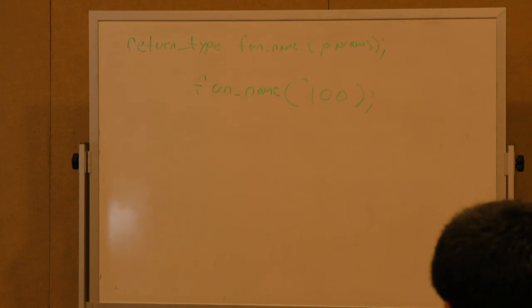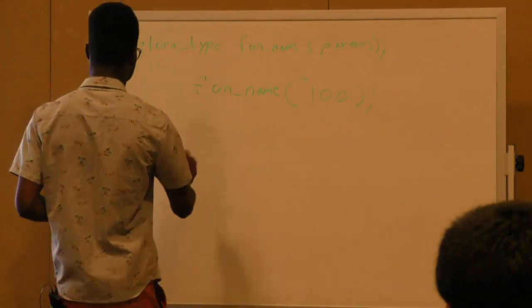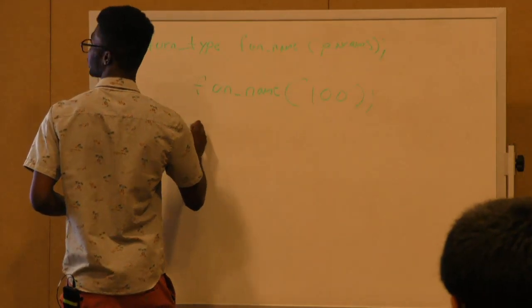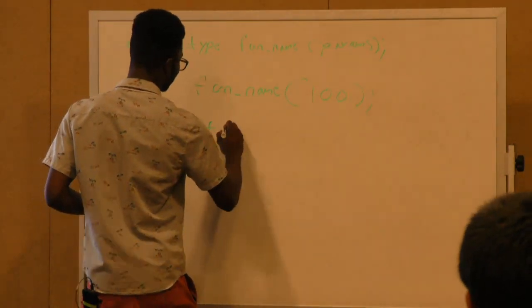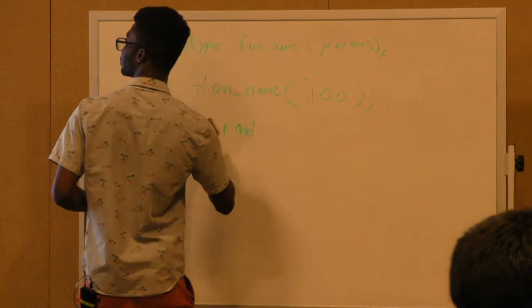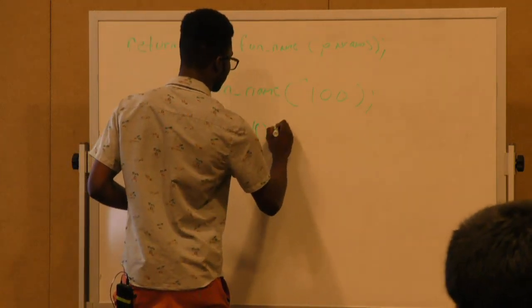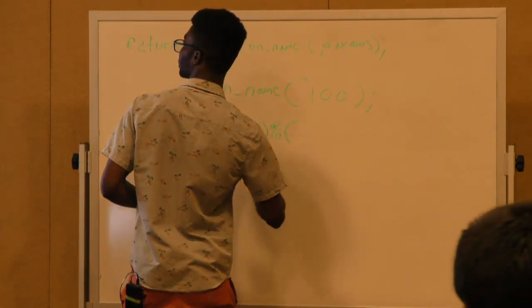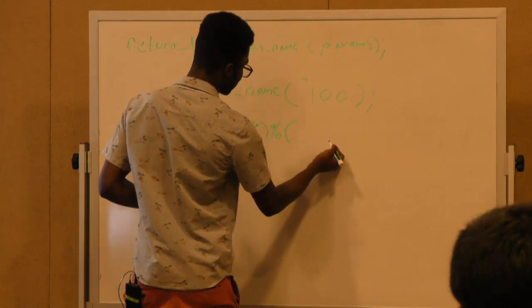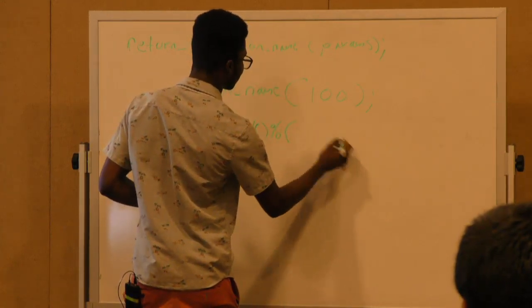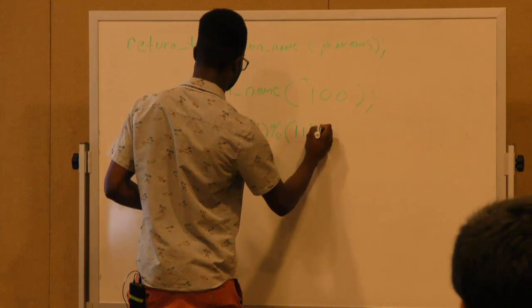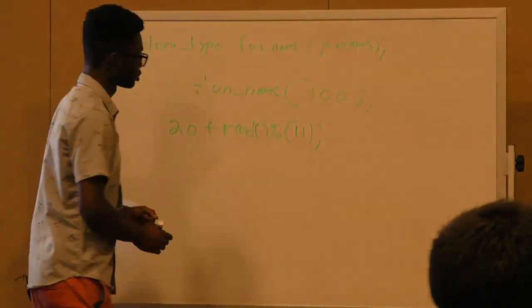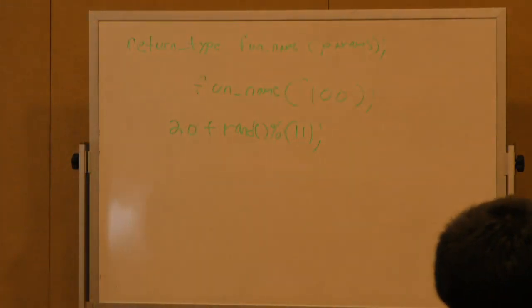And if I do this, my final formula will be 20 plus rand modulus 30 minus 20 plus 1, which is 11. So that's how you would generate a random number between 20 and 30.